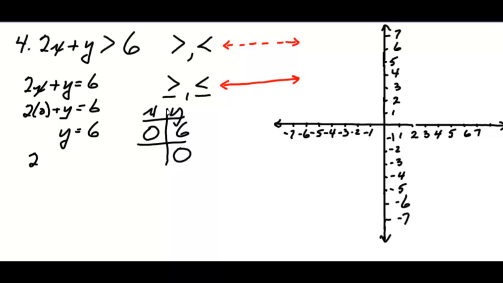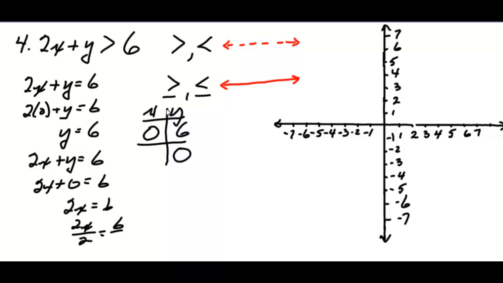Going back to 2x plus y equals 6, now if we substitute 0 for y, we get 2x plus 0 equals 6. 2x equals 6. 2x over 2 equals 6 over 2. And x is equal to 3. So there we've got our 2 points, and that's all we need.